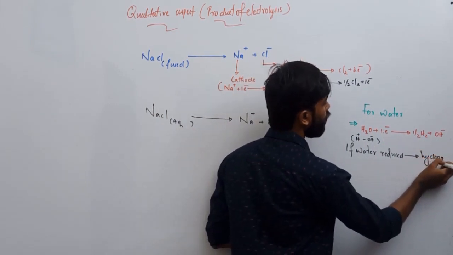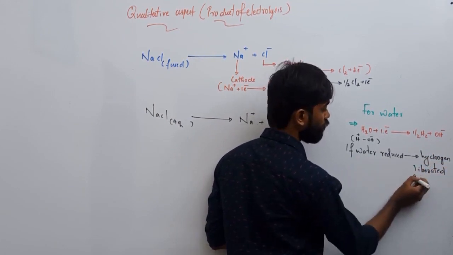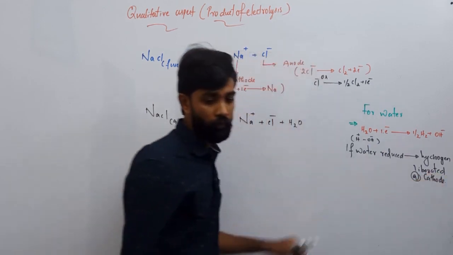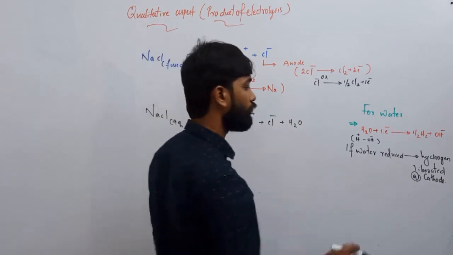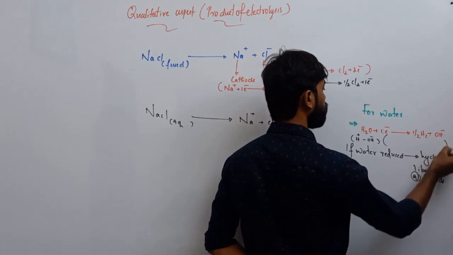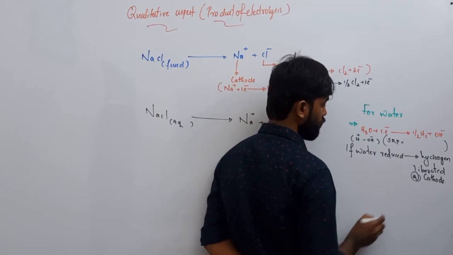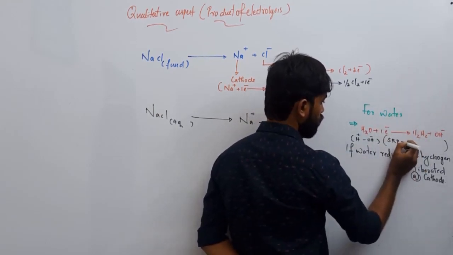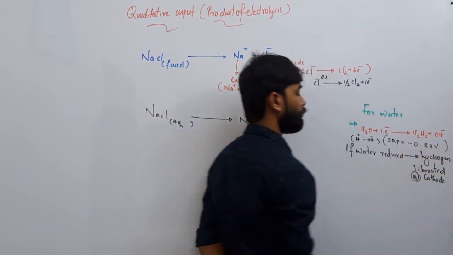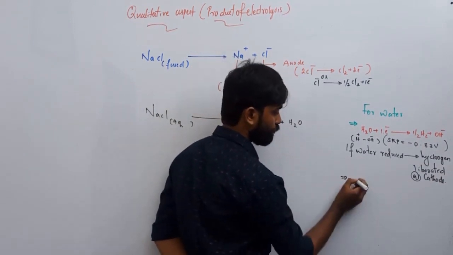Hydrogen is liberated at, since it is a reduction, the cathode, right? Yes. If water is reduced, hydrogen will be liberated at the cathode. And the standard reduction potential for the reduction of water is minus 0.83 volt.